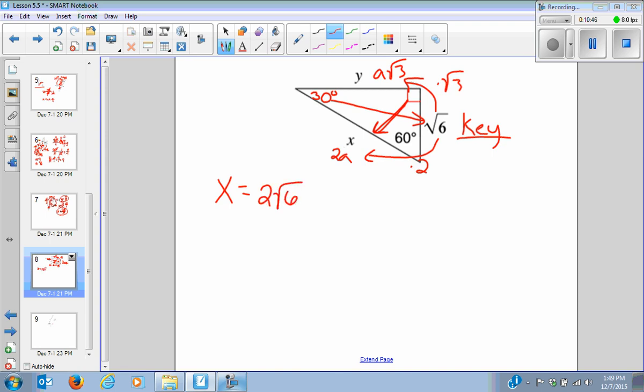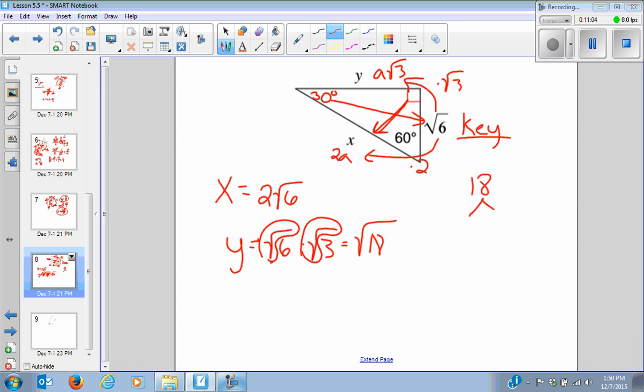And then this one, y gets a little bit tricky because you have to go square root of 6 times square root of 3, which since they're both under square root signs, I can actually multiply them, and that becomes a square root of 18. Then I have to rationalize it, which means I break this down, and it becomes 9 times 2. I don't like this way of teaching it, but I'll teach it for this video purpose.